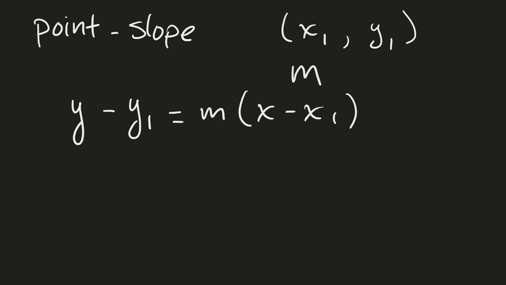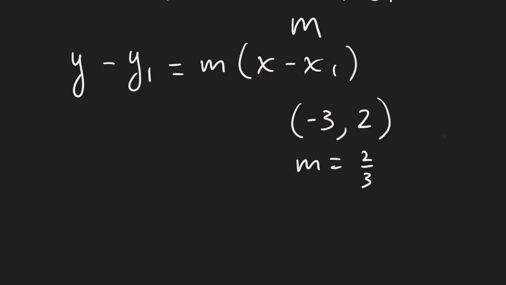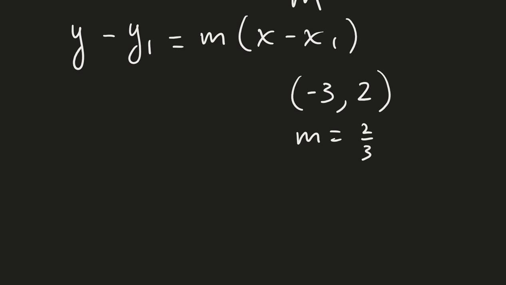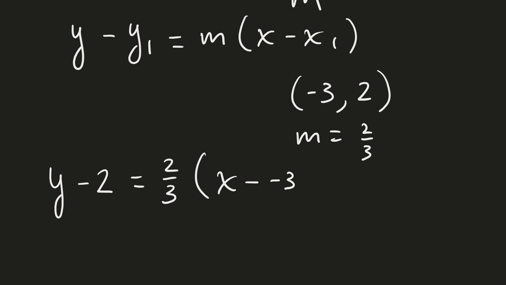A simple example would be, let's say that I've got the point (-3, 2), and I'll say that my slope, m, is 2/3. Well, with almost no effort, I can write down the equation of that line. I could write down y minus the y value that I know. The y value that I know is 2, equals the slope, which is 2/3, times x minus the x value that I know.